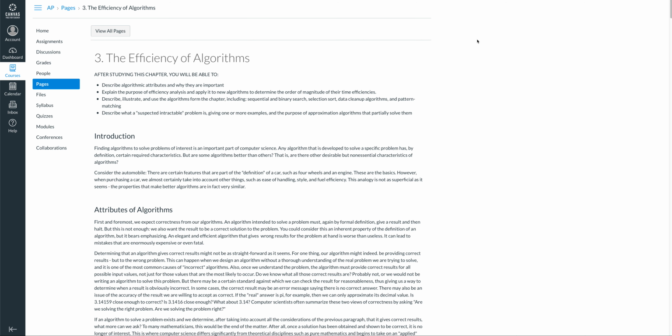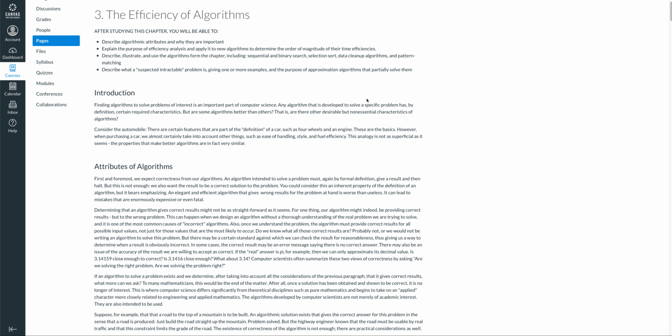So let's start here. When it comes to the efficiency of algorithms, an algorithm will have some properties that you need to understand. An algorithm should be easy to understand, it must be elegant, and it must be efficient.